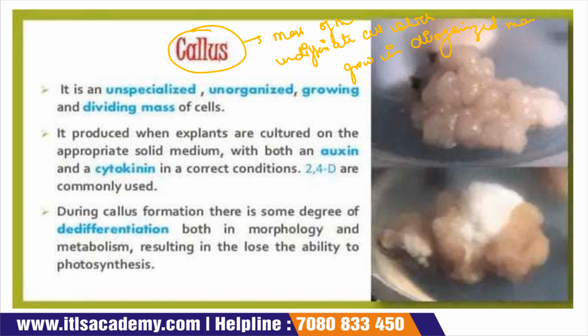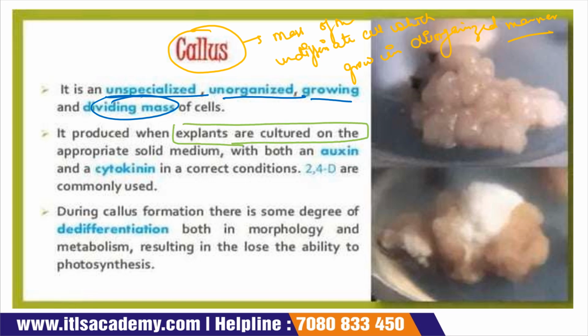It is an unspecialized, unorganized, growing and dividing mass of cells. It is produced when an explant is cultured on an appropriate solid medium. Here the solid medium is generally an agar media.